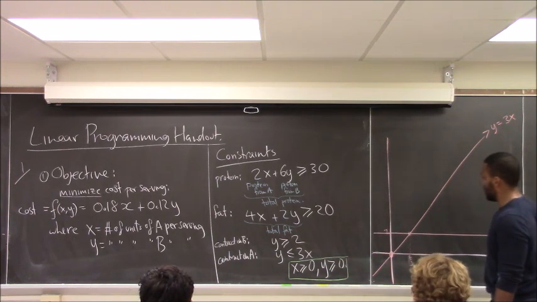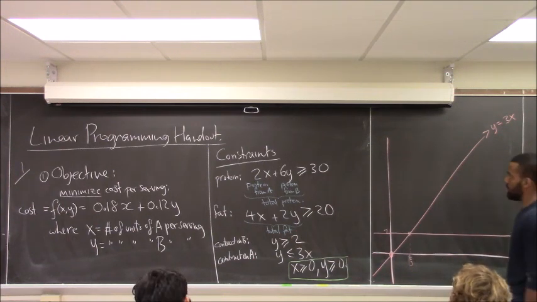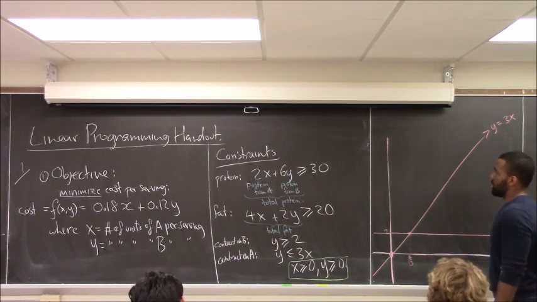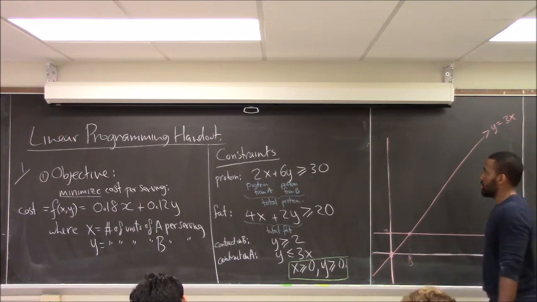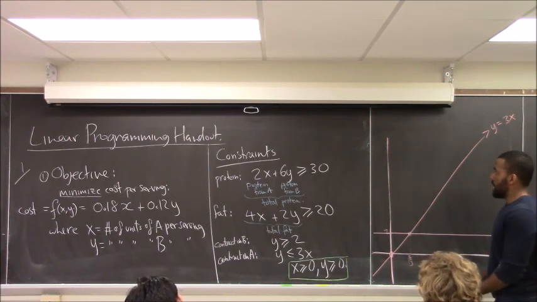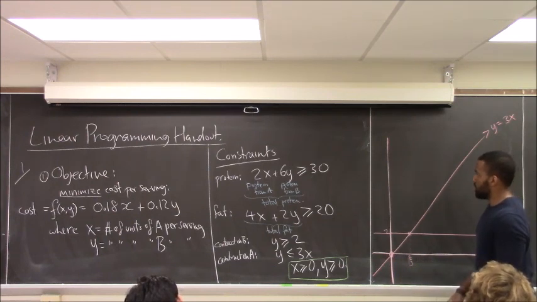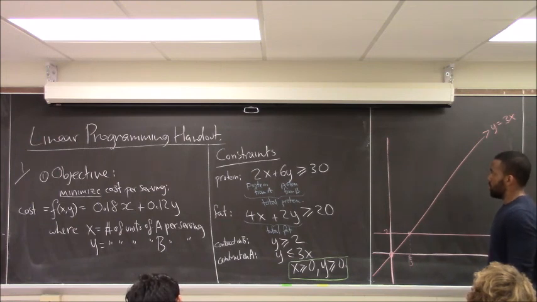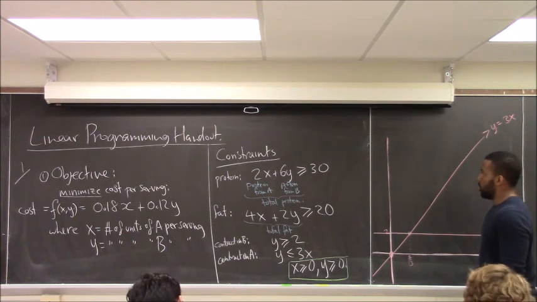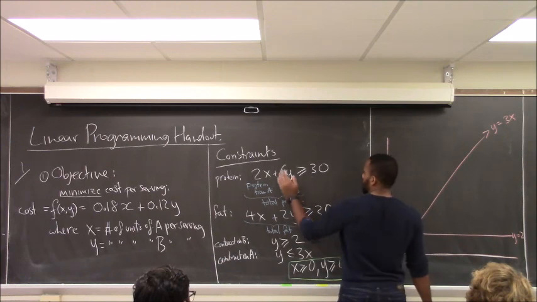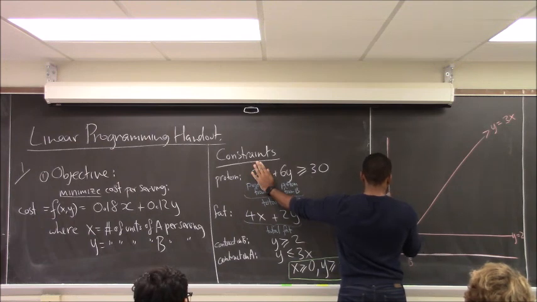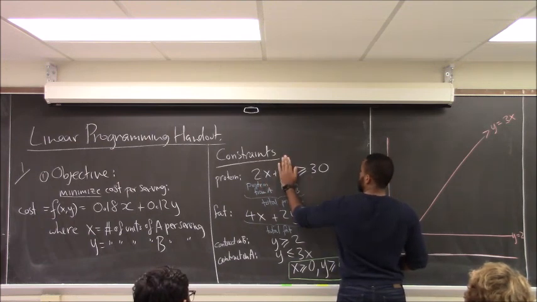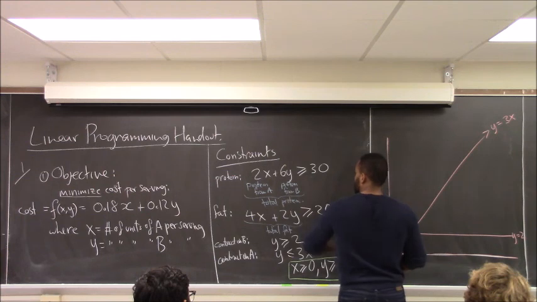Now let's get to the higher ones here. Let's say we do the top one. If I solve for y, plug in x equals 0, that would be 5. Plug in y equals 0, solve for x, that would be 15.